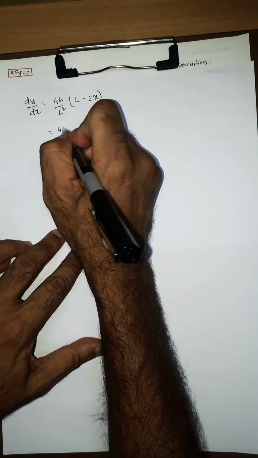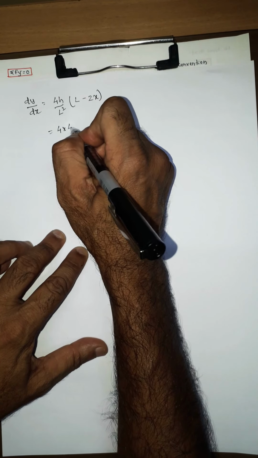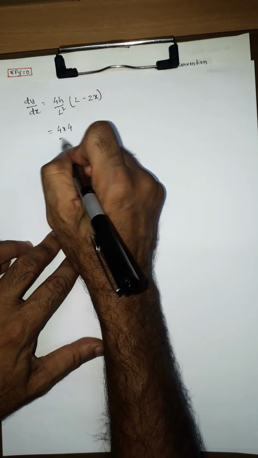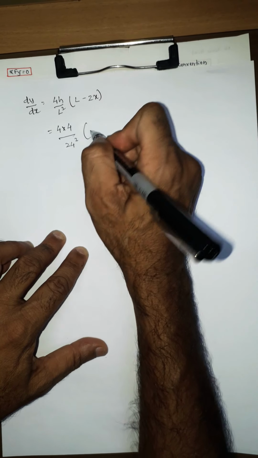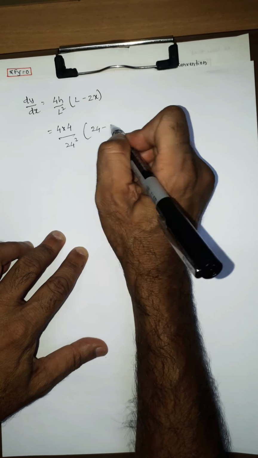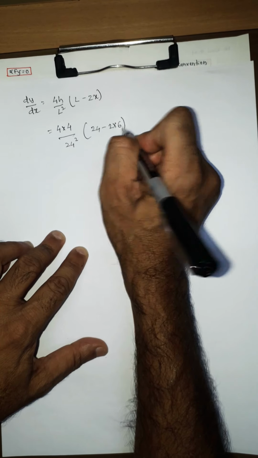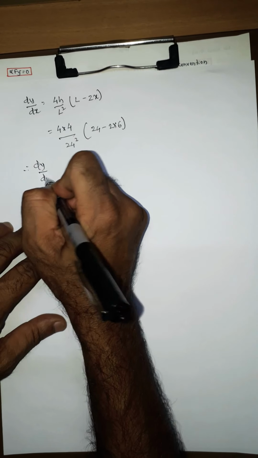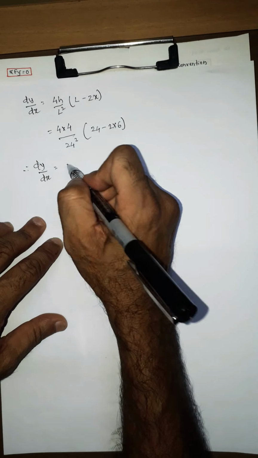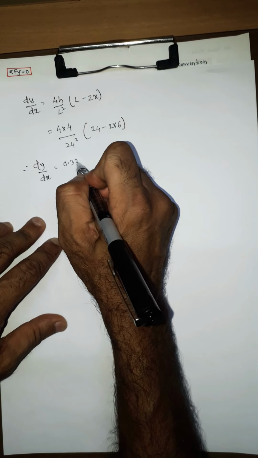Substitute here h is 4 meter, that is the central rise, divided by total span 24 square into L is 24 minus 2 into x is 6 meter. So therefore dy by dx is equal to 0.33.